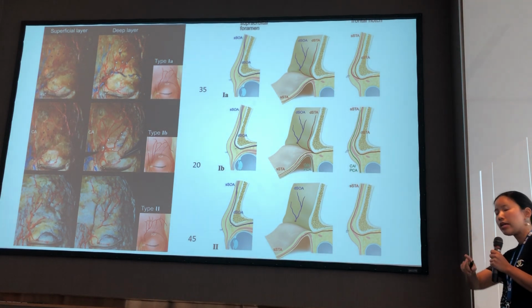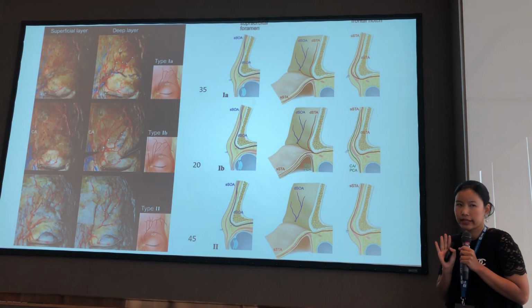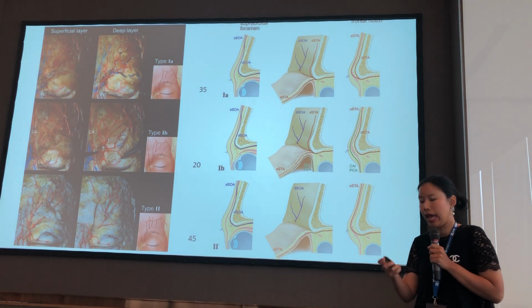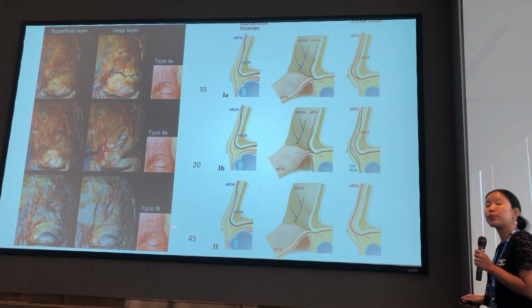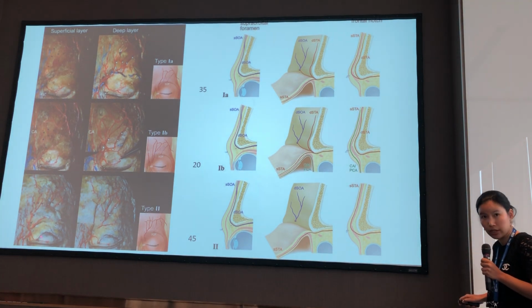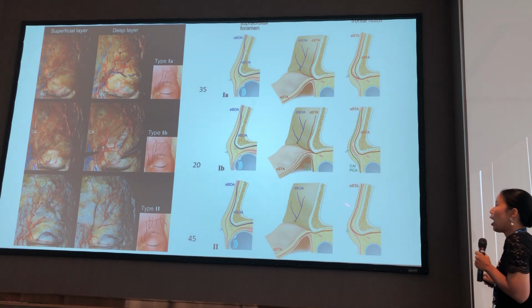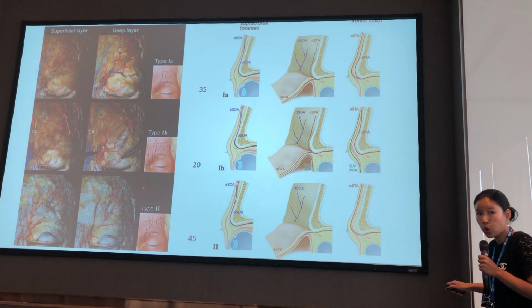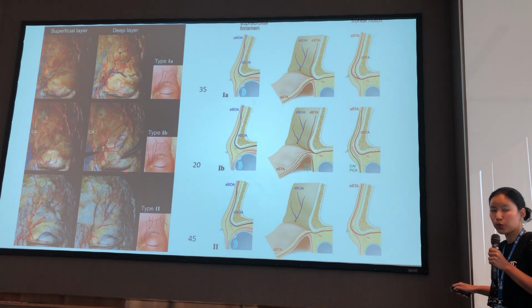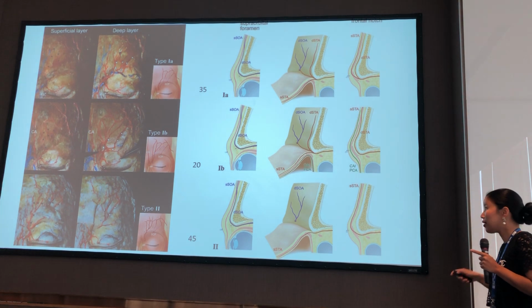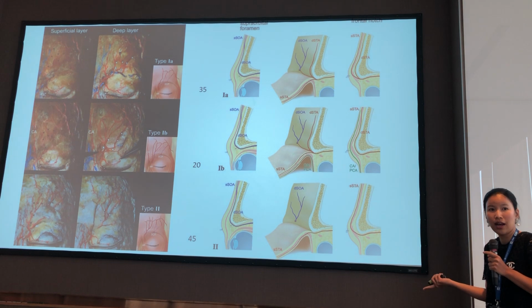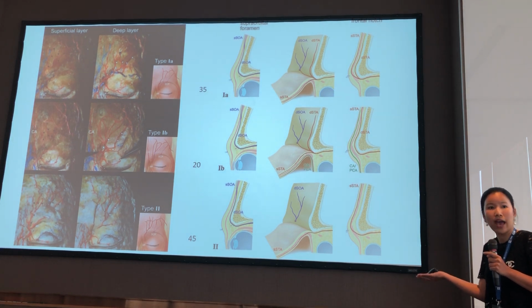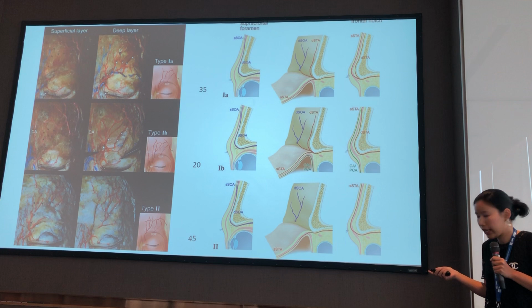So the supraorbital artery does exist in every group. But group 2, which is responsible for only 45% in this report, has no deep supratrochlear artery, which is good for us, right?